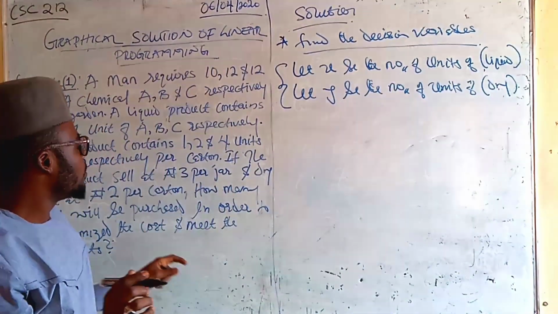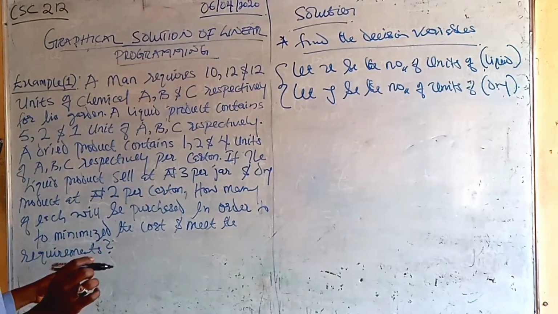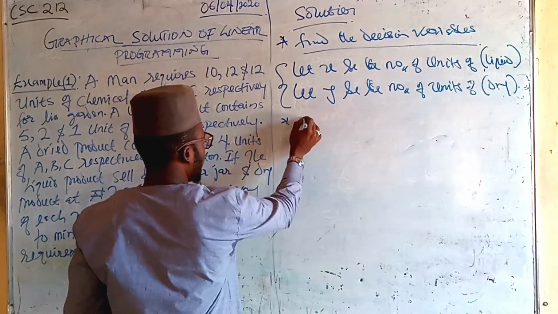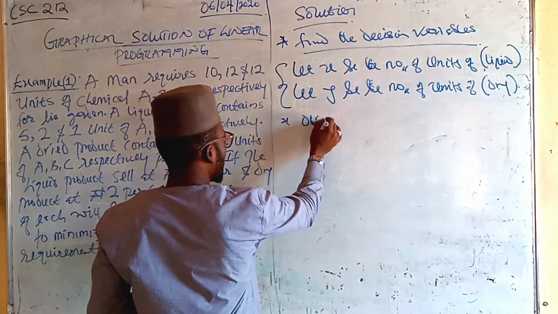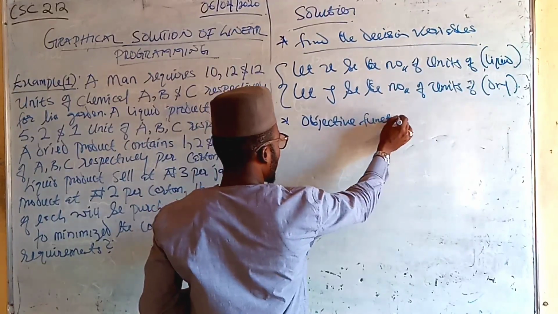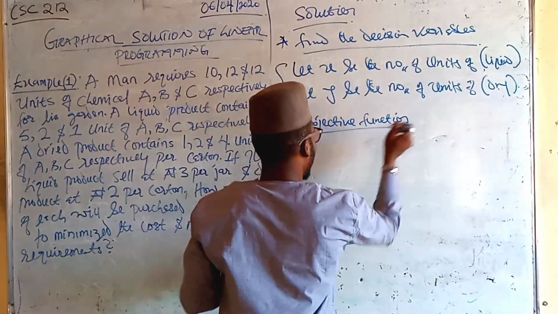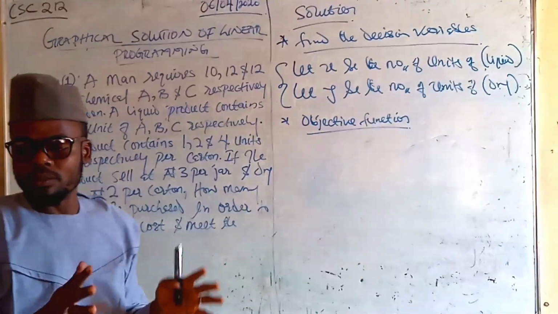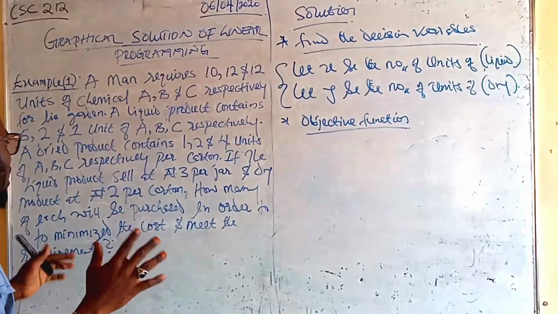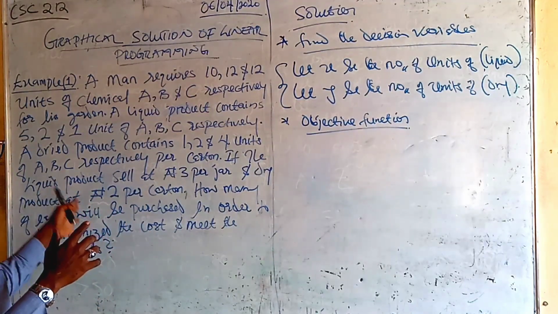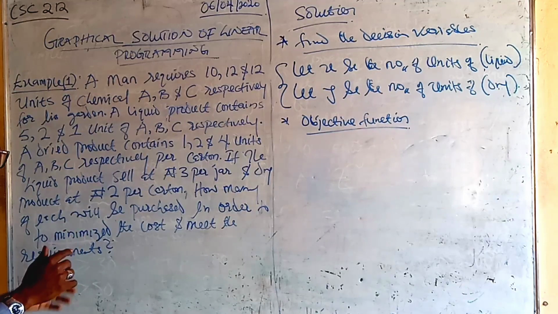Then the next step is to find the objective function. So how do we find the objective function? For any problem given, there must be an objective function for the purpose of solving that particular problem.